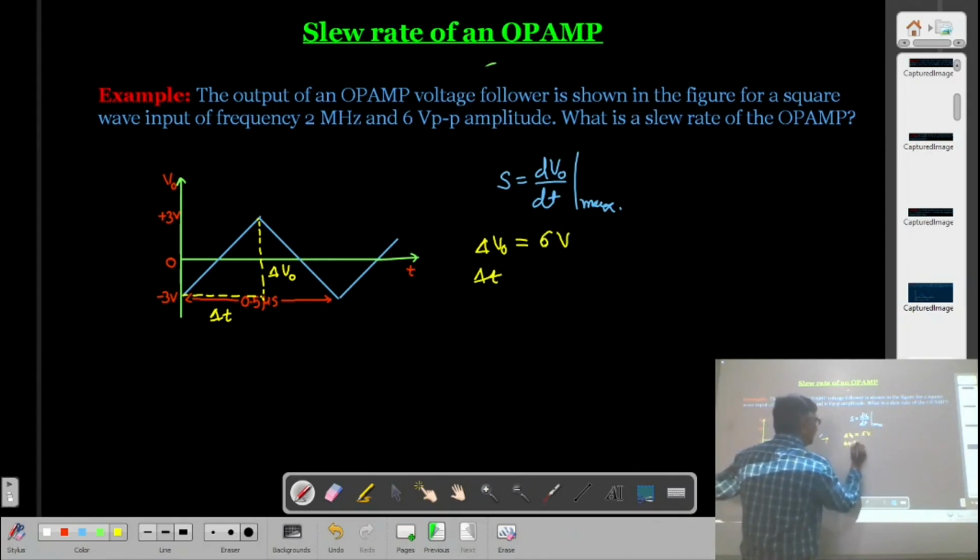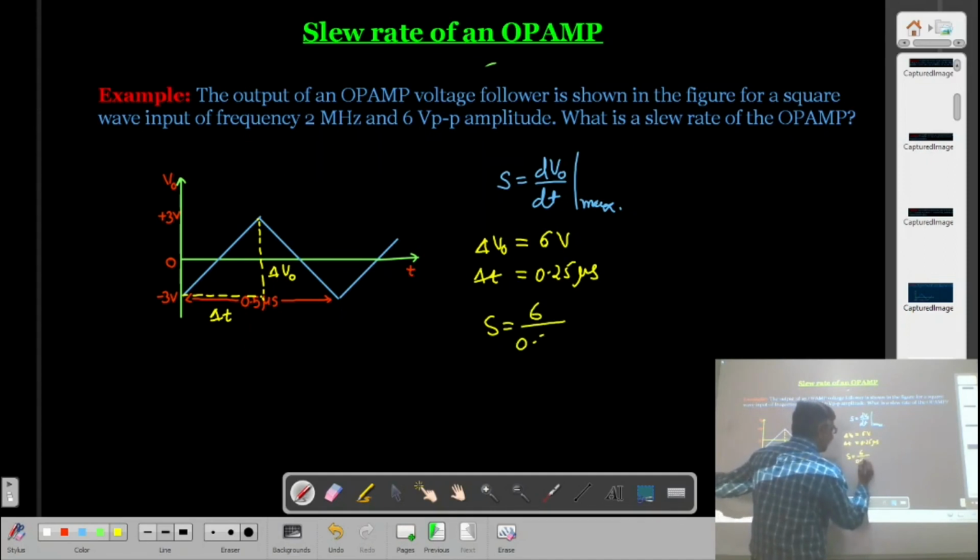And what is delta T? It is half of this, so here it will be 0.25 microsecond. So the slew rate will be equal to 6 divided by 0.25 microsecond.